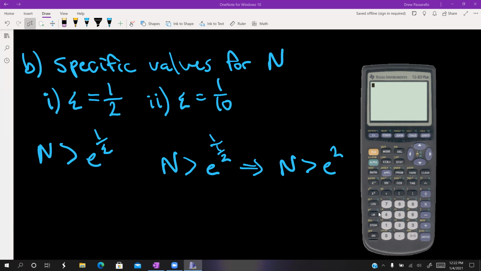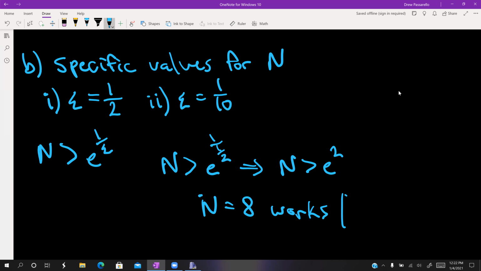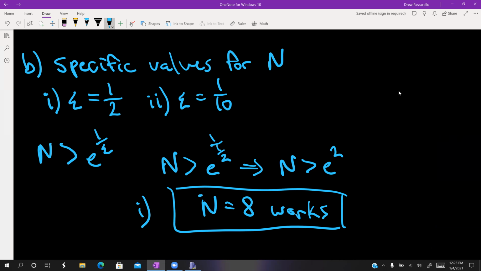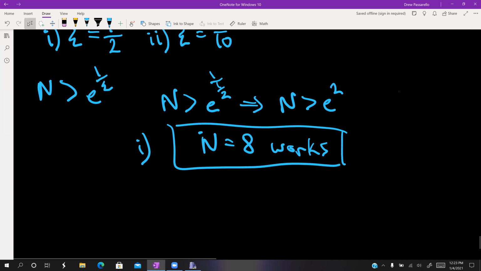So let me clear that. e squared, so second, and then that's 7.38. So any capital N that's beyond this number, so we could use capital N to be 8. Okay, so that's our answer for part 1.